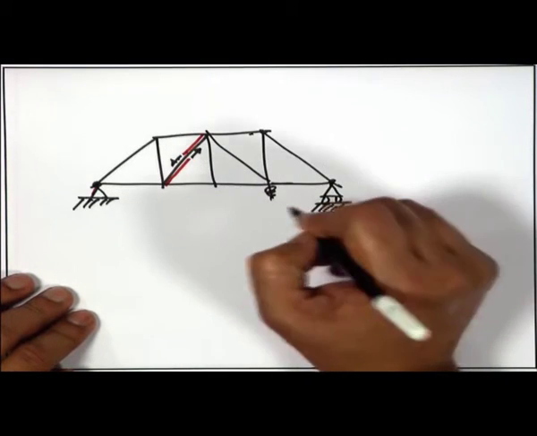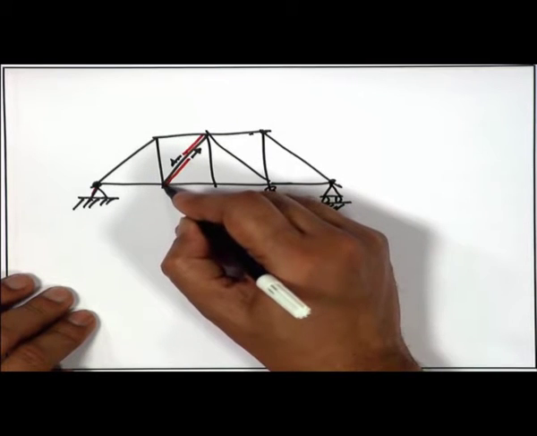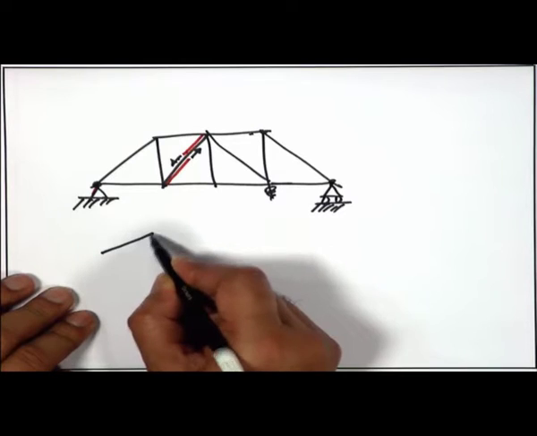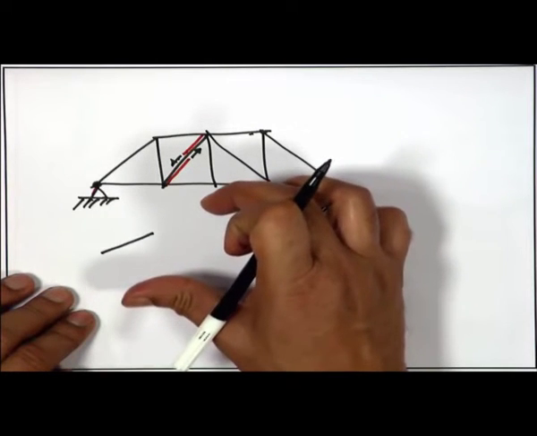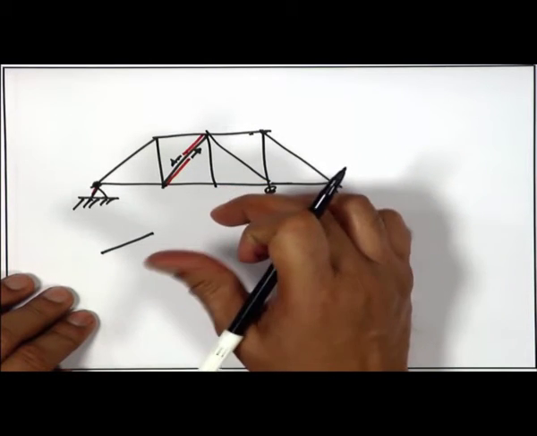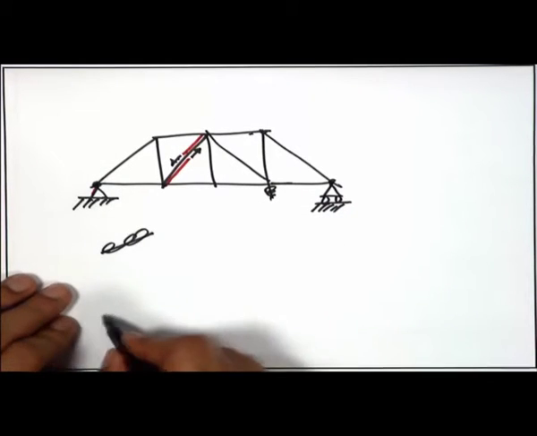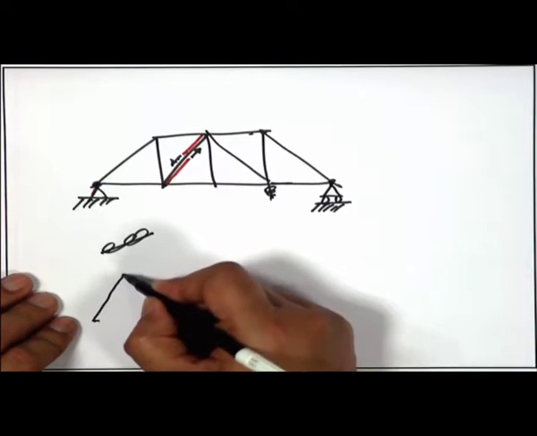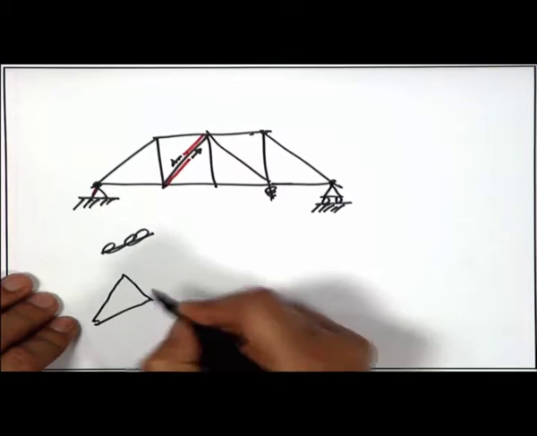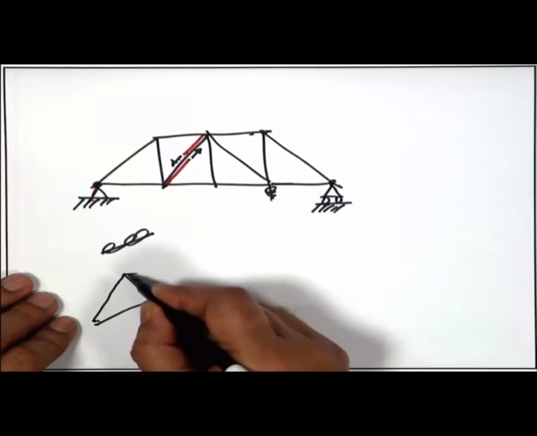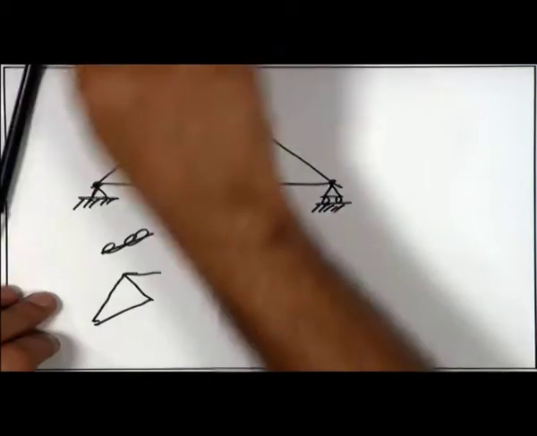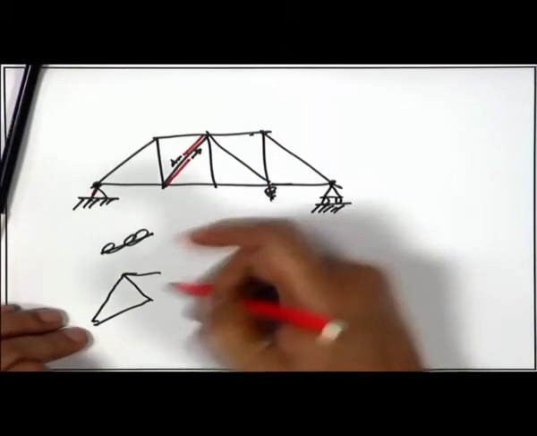All joints are pin joints. If I am just putting them together, then this will go up, is it not? So, this portion will go up, and this will be like this. So, this length of the truss will be shortened.